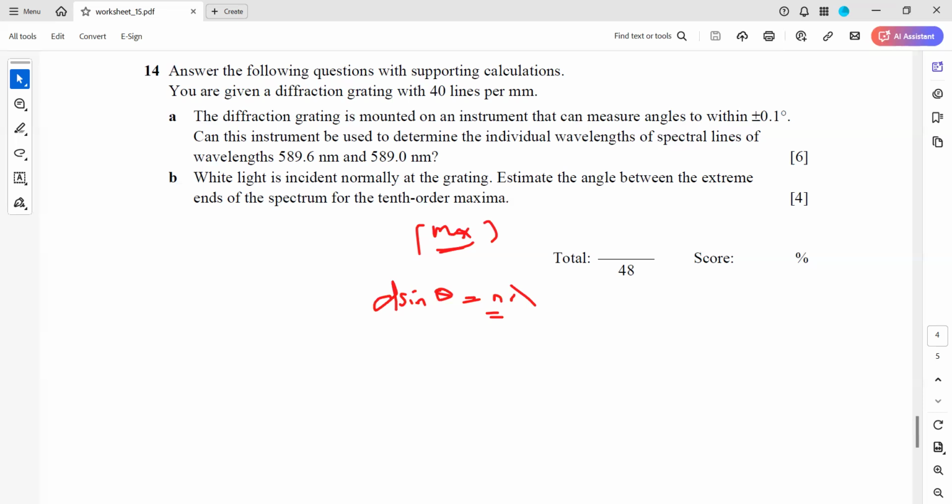For the maximum order, which wavelength should I use? Because I have two wavelengths, 589.6 and 589. Which wavelength diffracts more? Good, 589.6, because a longer wavelength diffracts more than a shorter wavelength.